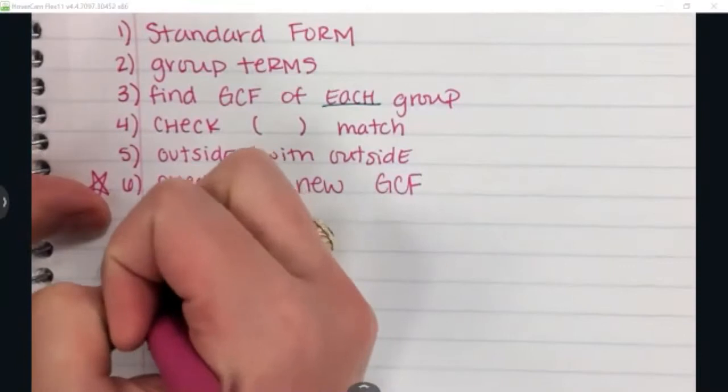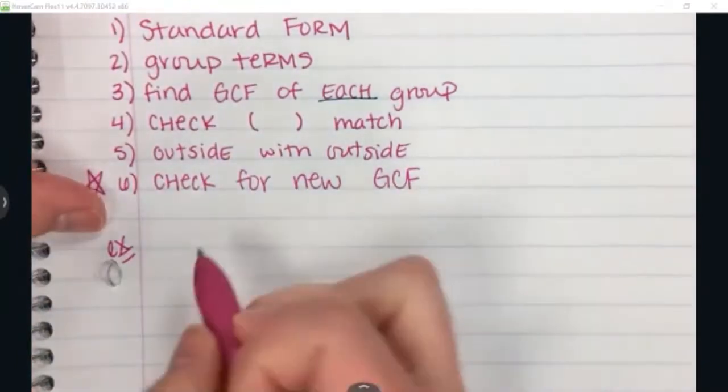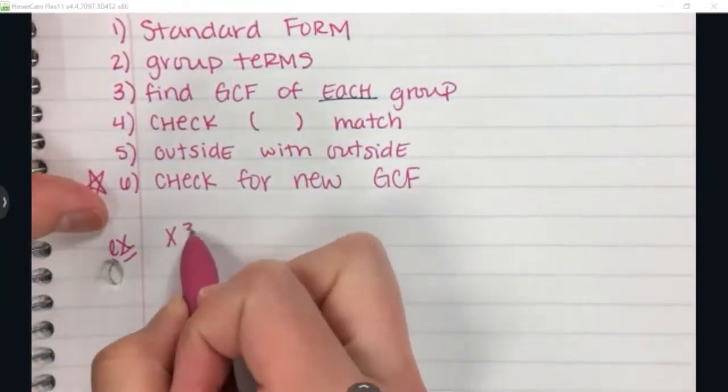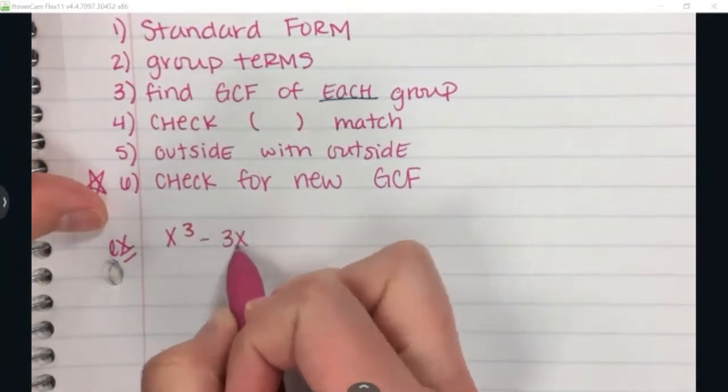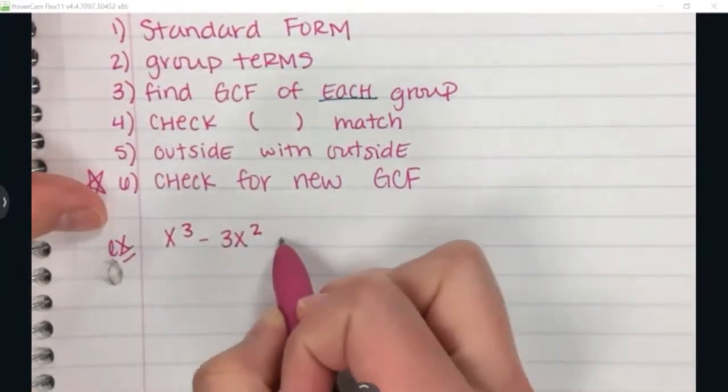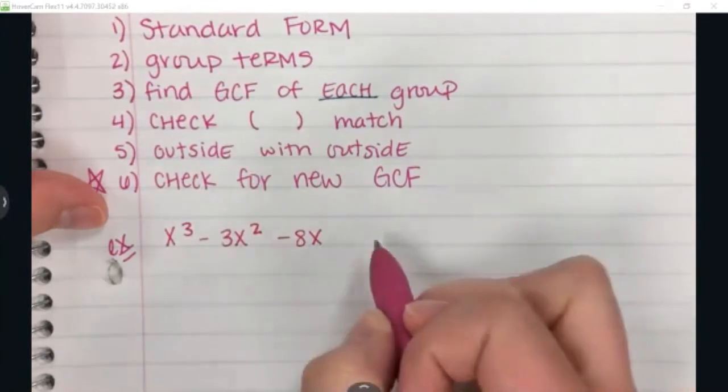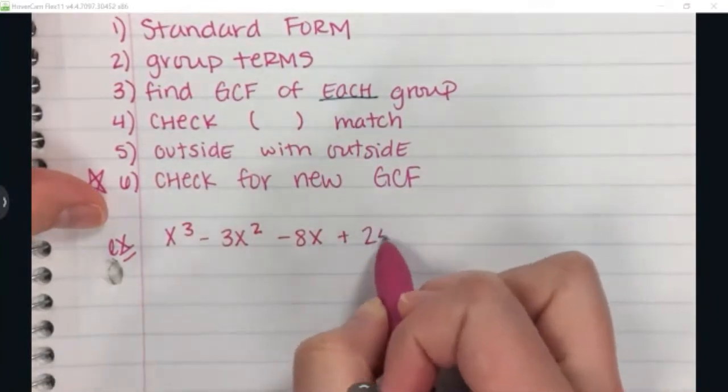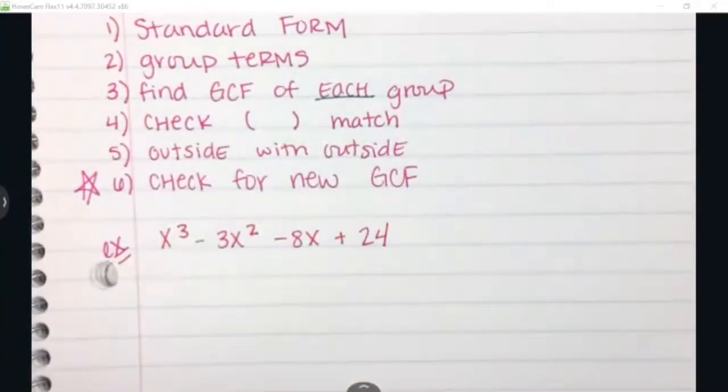Number 1, x cubed minus 3x squared minus 8x plus 24. So step number 1 says standard form. Is my problem in standard form? Yes. Okay, then we're good to go.